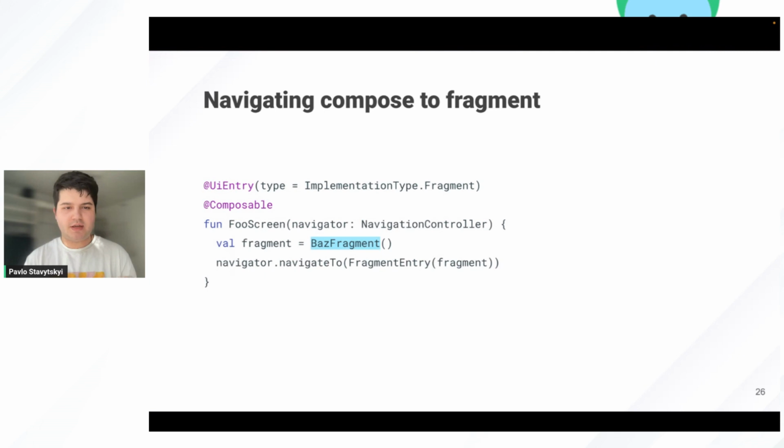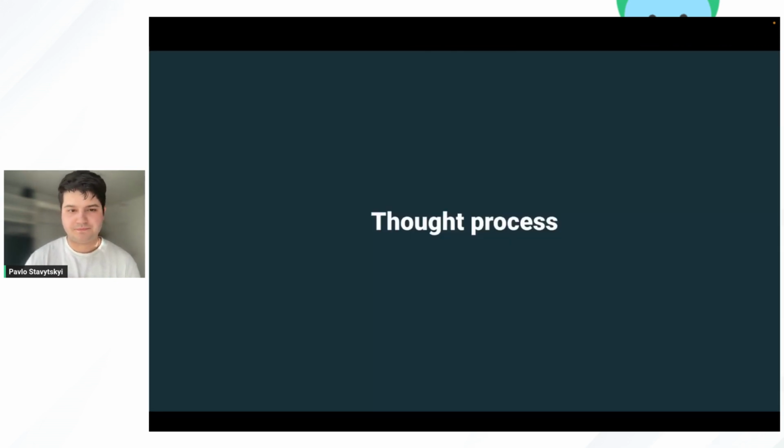If we need to navigate from an existing composable function to a fragment, we just need to create an instance of that fragment and wrap it with a fragment entry, which mimics the logic we had with entries in the previously generated snippets of code. This way we can wrap the fragment with a simple wrapper, and navigation will be performed.